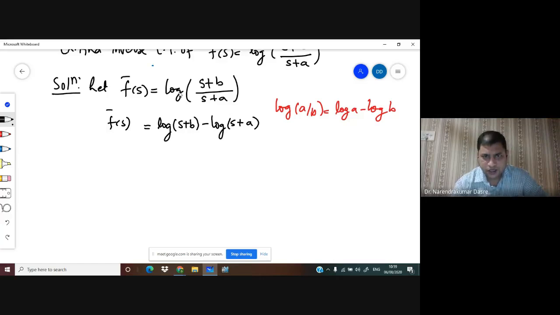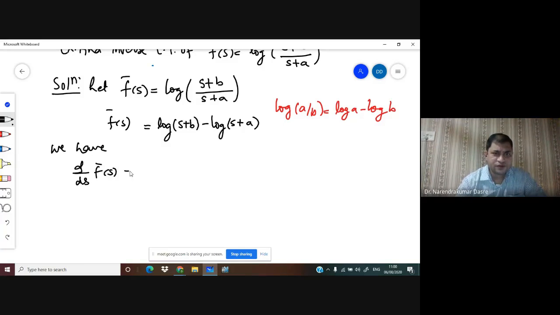Now, taking the derivative of this is easier than going to partial fractions and taking the derivative of the other form. So finding the derivative of this term is easier than finding the derivative of that term. And that's why, as I said, don't be in a hurry.